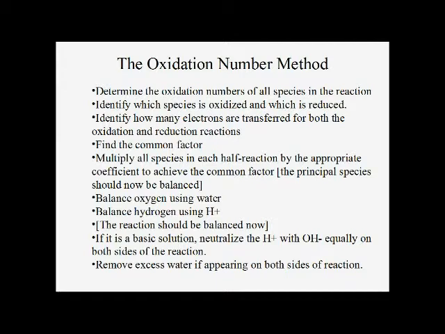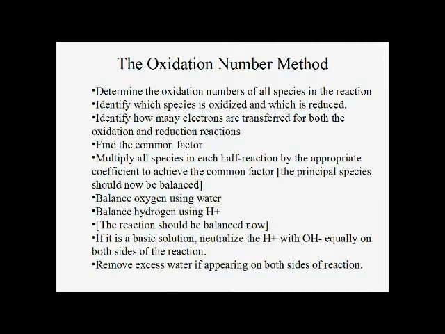I seem to be missing a step. So, what we do, we identify the number of electrons, we find the common factor, but we now have to create the half reactions. So each species is going to separate, and we find all these species that are participating in each half reaction.